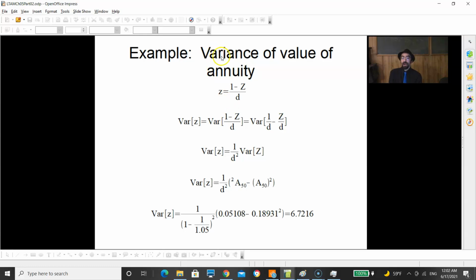So whenever you have to find variance of an annuity, you want to use the annuity insurance equation, find the variance of the appropriate insurance, and find the variance of the annuity that way.